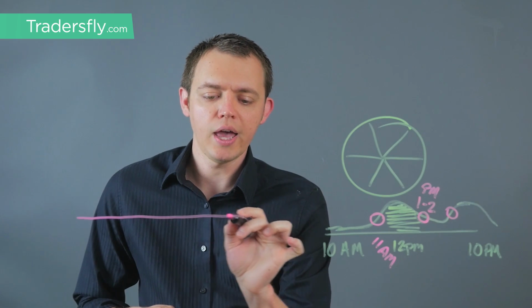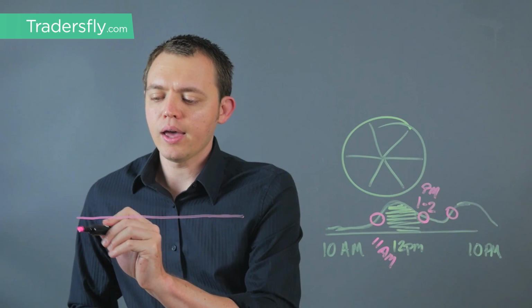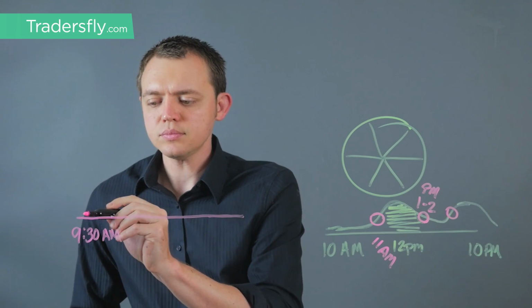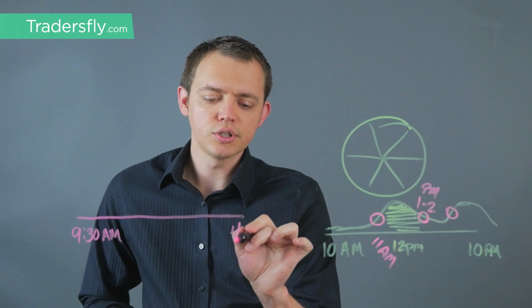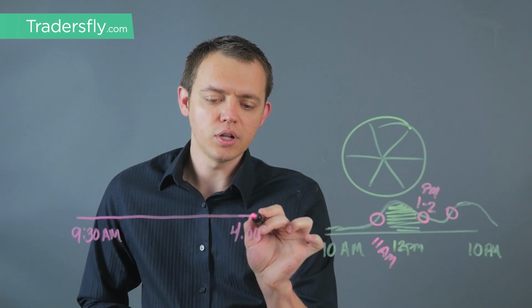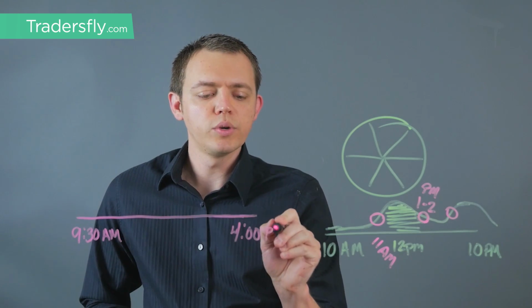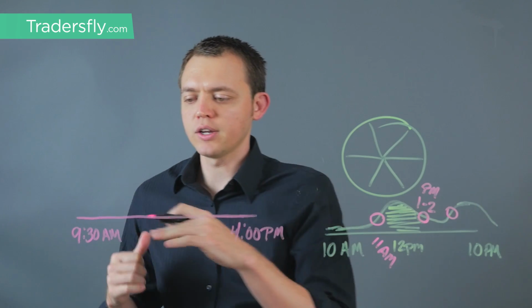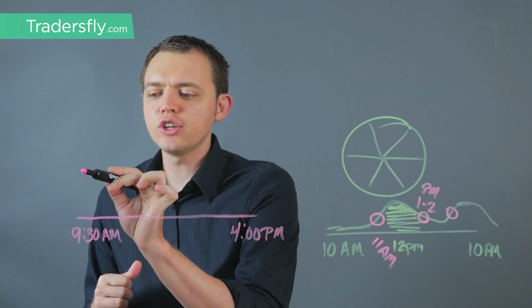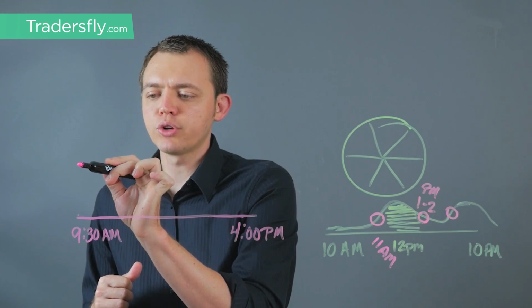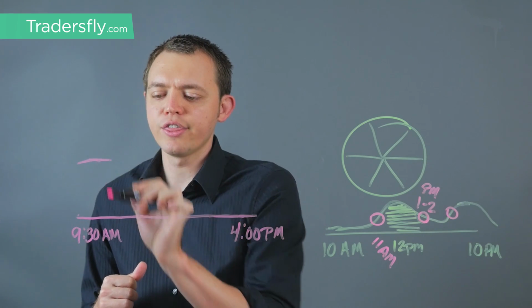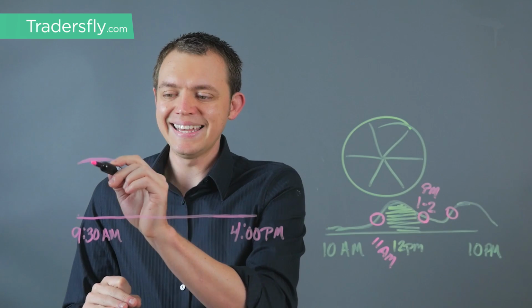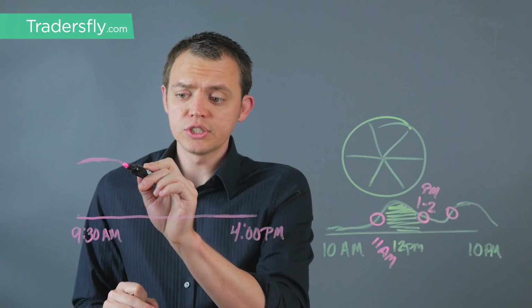If we start looking at a trading day, the market opens at 9:30 a.m., at least Eastern time, and then closes at 4 o'clock. When you look at the meta pattern of stocks or the trading volume that goes into it, you have a huge spike in trading volume right at 9:30 in the morning. There's a lot of volume that comes in, then things slowly start to die out.